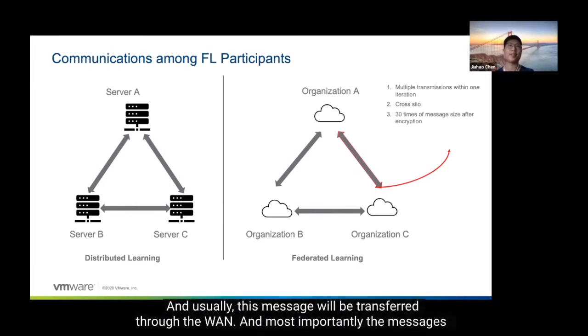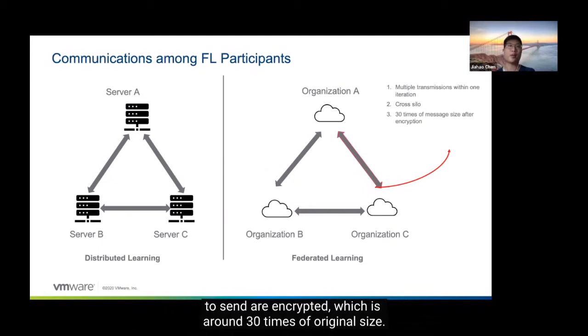And usually, these messages will be transferred through the WAN, since the participants may be different organizations and companies. And most importantly, the messages to send are encrypted, which will be around 13 times the original size, which is around 30 times the original data size.